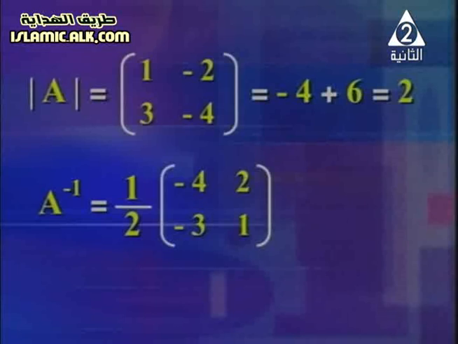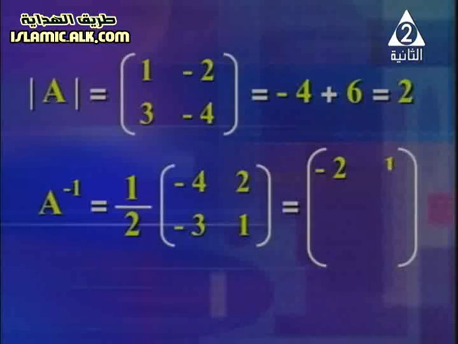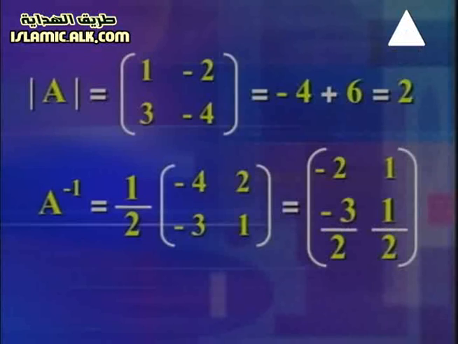Negative 2 becomes 2, 3 becomes negative 3. Multiply each element by 1 over 2, and we get: negative 2, 1, negative 3 over 2, 1 over 2. This is the inverse of the matrix, for a square matrix.